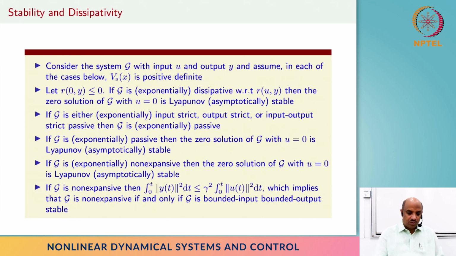And then I want you to look at the inequality of the dissipation and then come to this particular inequality, right? Show that yourself, which essentially implies that if you have a system that is non-expansive, then the system is going to be bounded input, bounded output stable, right? Now this is a very crucial definition in one sense.